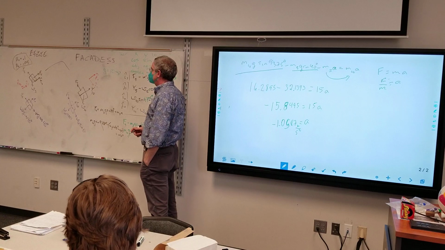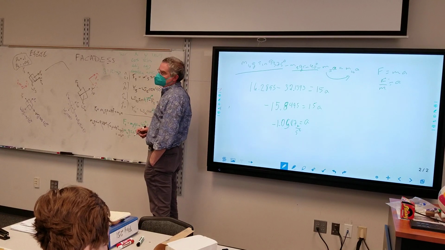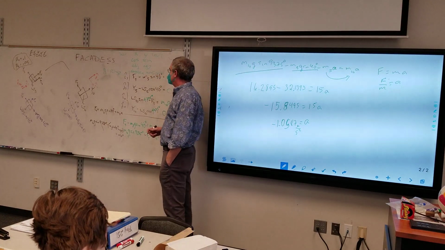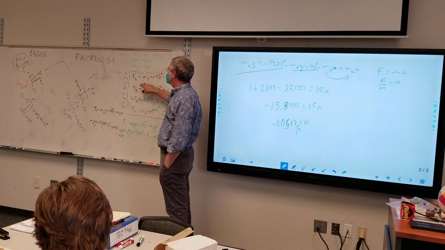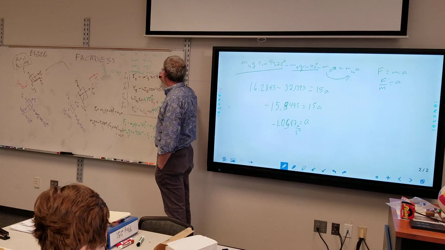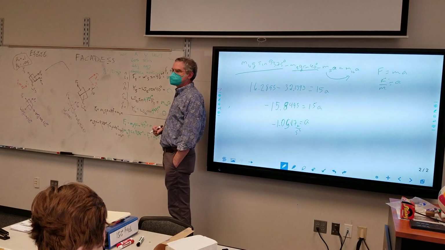Wait, so does that just change your equations of motion then? It changes one equation of motion. That would be the I hat, and we would add a positive F of S in there. Wait, so there's only friction on one box? Yeah.